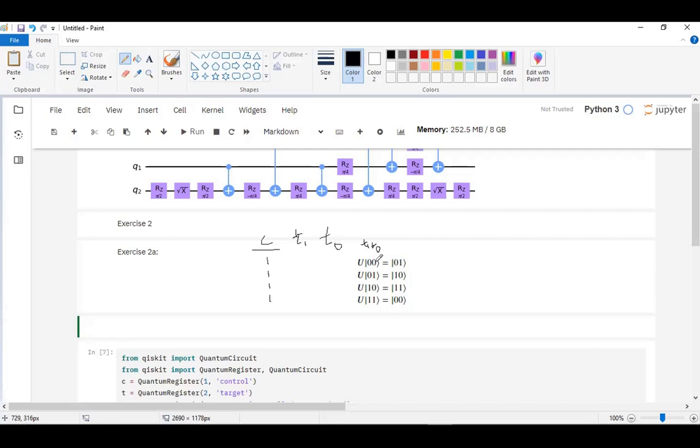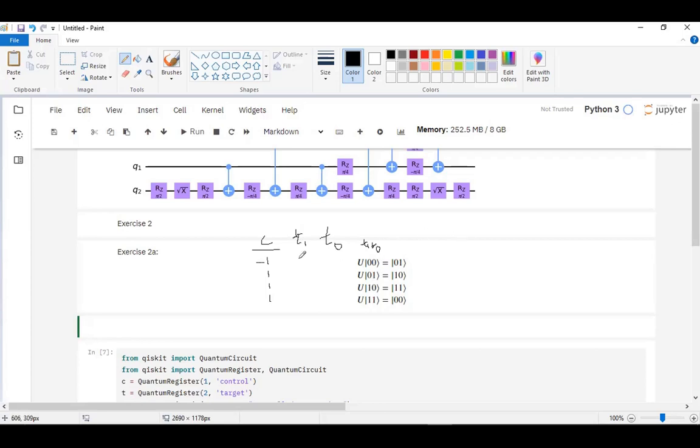So we see that T1 remains the same and T0 has a transformation when C equals 1. The basic thing is that we need to derive the relation between C, T1 and T0.